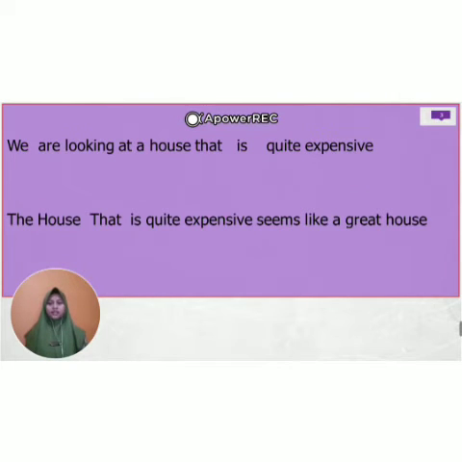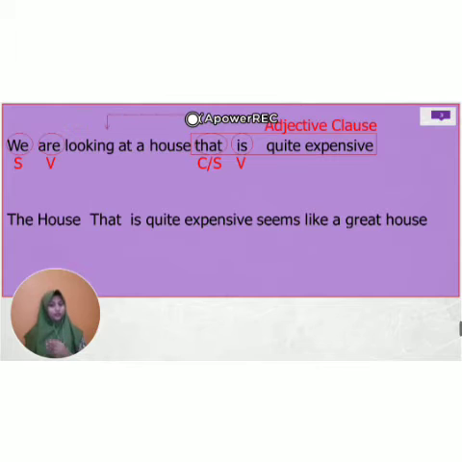Okay, let's see an example. We are looking at a house that is quite expensive. We here is the subject, and then are is a verb, and then that is a connector and subject, and then is is a verb, and then that is quite expensive is an adjective clause, which explains the previous word.